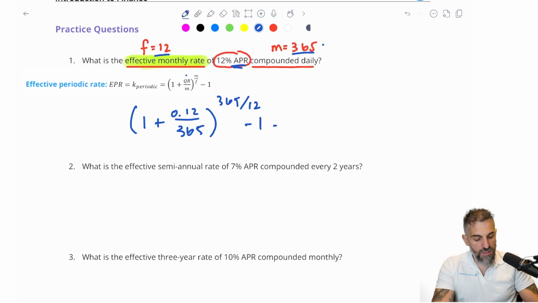Okay, so you get 0.01005, which if you multiply that by 100, just to see it as a percentage, is 1.005%.